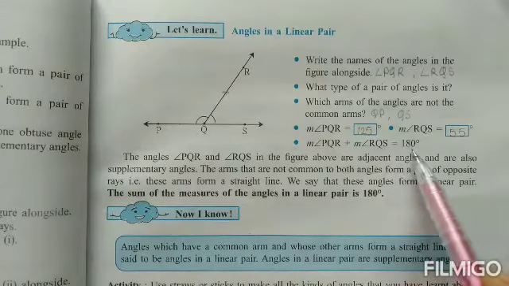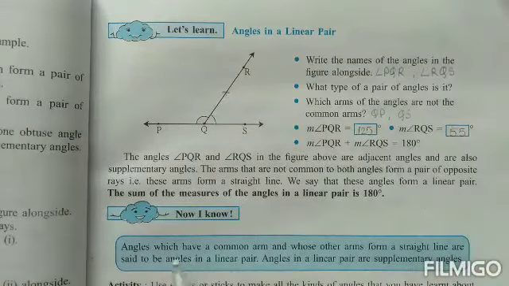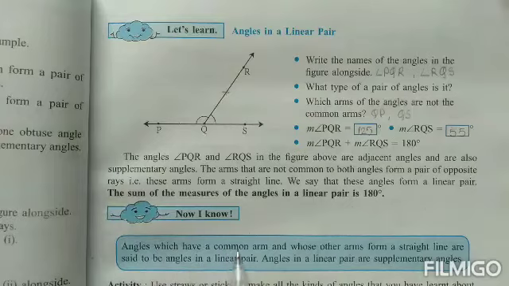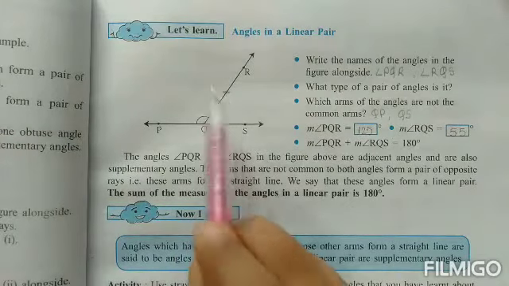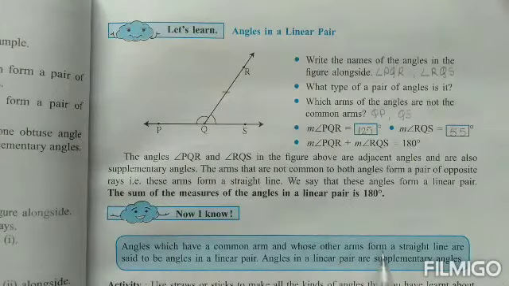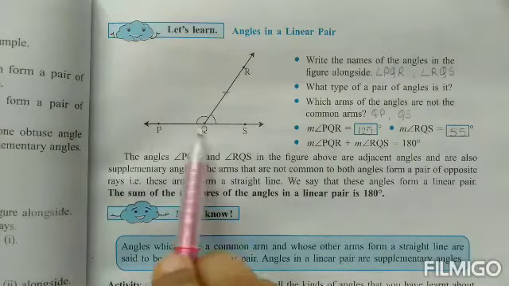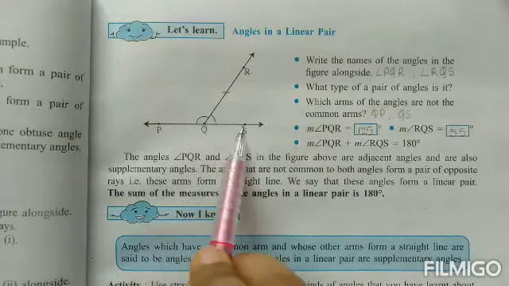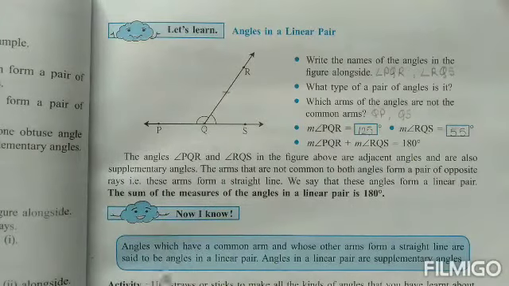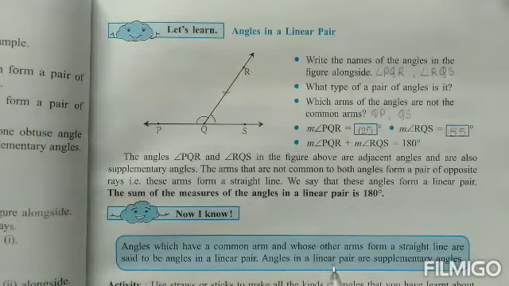They are supplementary angles. Angles which have a common arm whose other arms form a straight line, QP and QS forming a straight line, are said to be angles in linear pair. Angles in linear pair are supplementary angles.